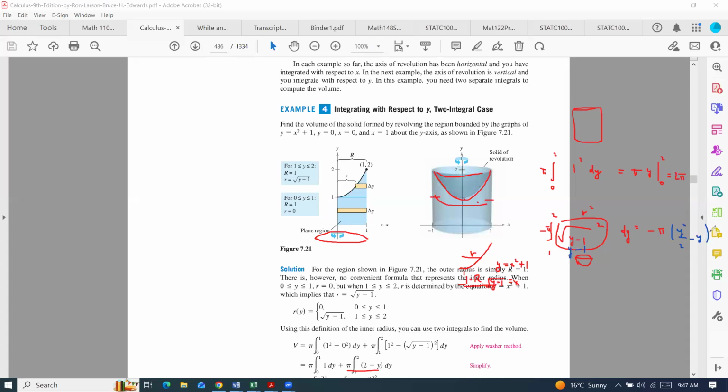And again, we need limits of integration, but they will be 1 to 2. See, there are different limits of integration compared to the way they do it. And then we now need to put in those 2 and 1.